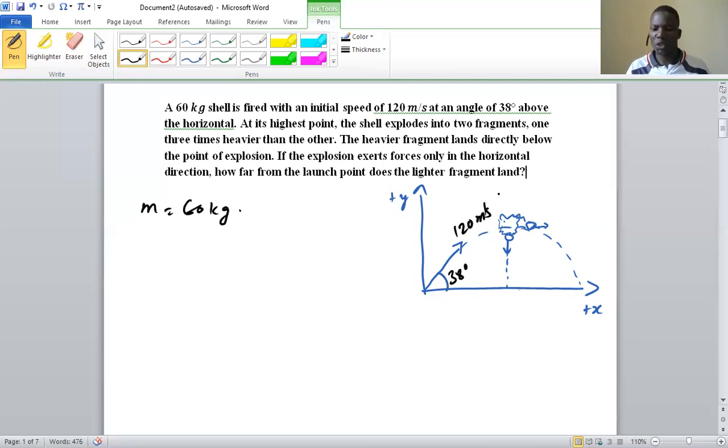Now we have the initial speed, so the first thing we have to do is resolve this speed.